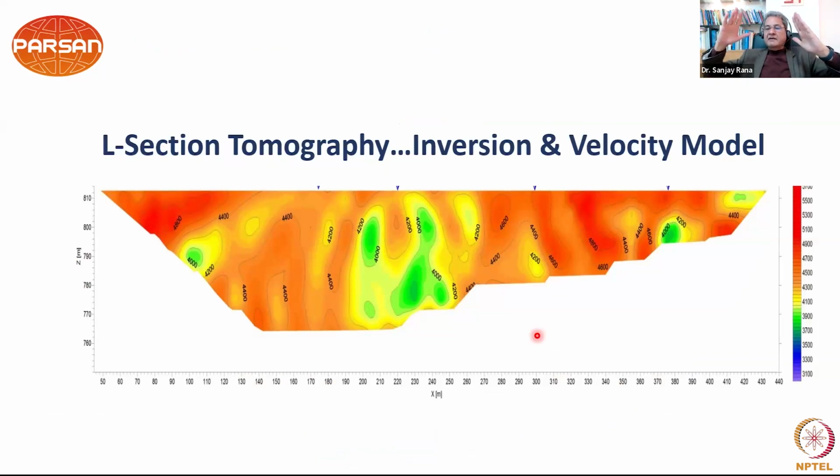I have upstream, I have downstream, and the dam has a certain thickness. How do I know what is the condition from upstream to downstream? For example, if we want to see a deteriorated zone, how far is it going from upstream to downstream? That's also important, critical information. For that, once we have done the L-section, we choose the location where some weakness has been observed. Let's say some weakness has been observed here.